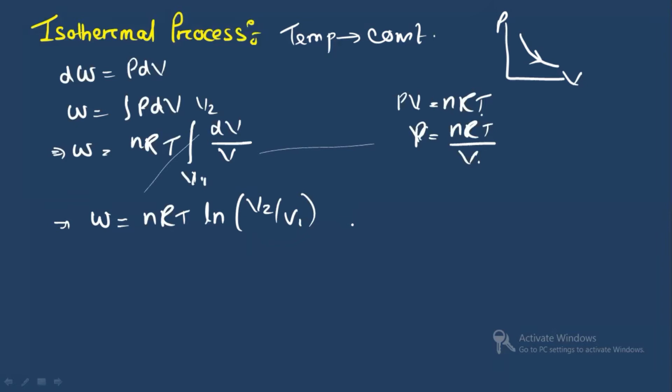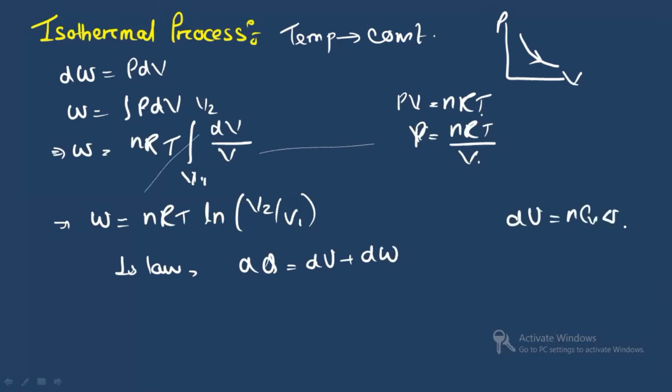Now if we apply the first law of thermodynamics, dQ = dU + dW. You know that dU = nCv dT. So if the temperature is constant, the internal energy term will be 0.